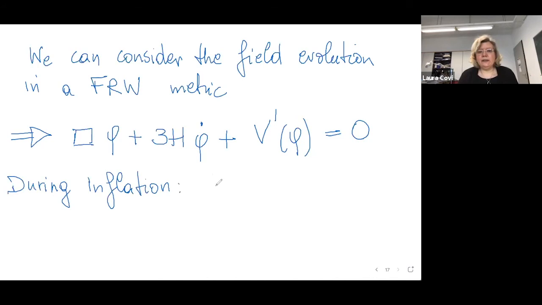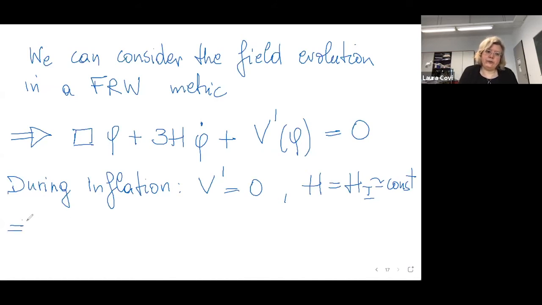So we have V prime equal to 0 and H equal to a constant, the Hubble parameter during inflation, which is more or less constant. In that case, for the zero mode, the equation becomes: the second derivative of the field plus 3H times the first derivative is equal to 0. And this is for the homogeneous part.